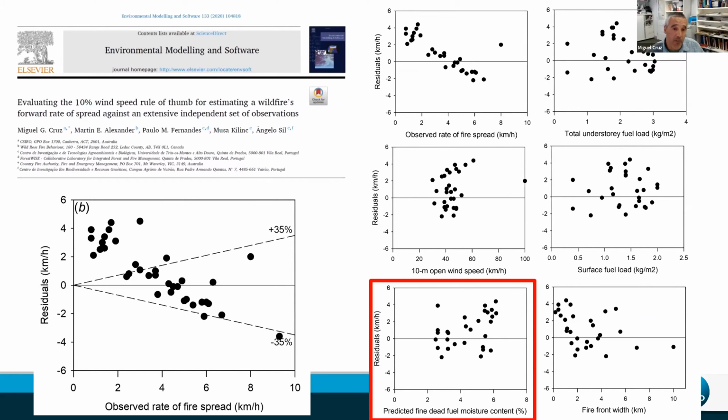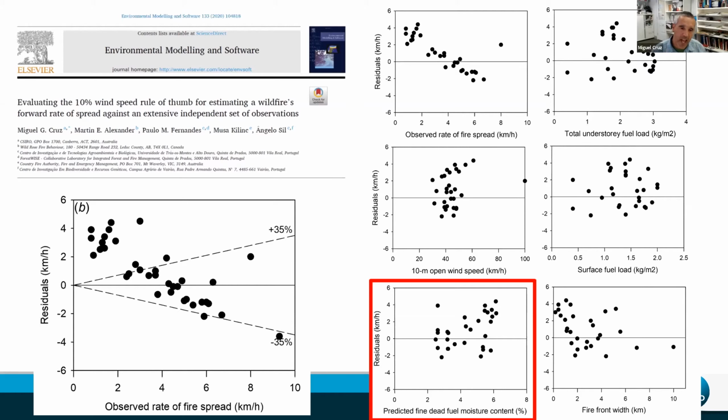What we saw also from this analysis, and this is just the evaluation of the rule of thumb just for the extreme end of fire conditions, in this red box, you see the residuals as a function of fine dead fuel moisture content. And what you see there is that after accounting for the effect of wind speed, moisture content has no relationship with the residuals, meaning moisture content is not explaining any of the residuals coming from a model with wind speed alone.